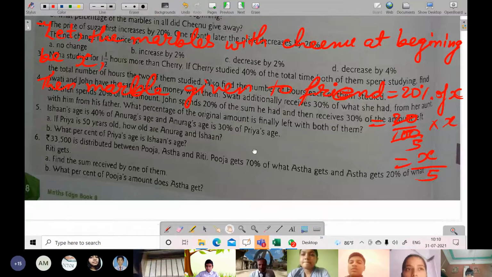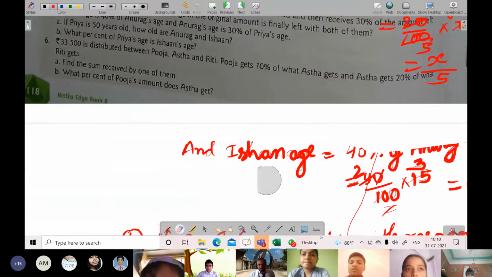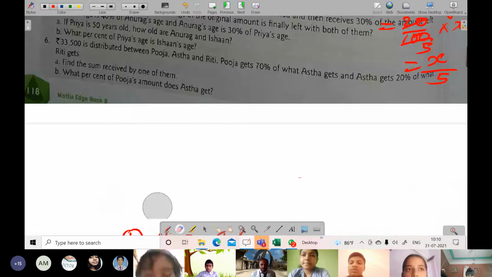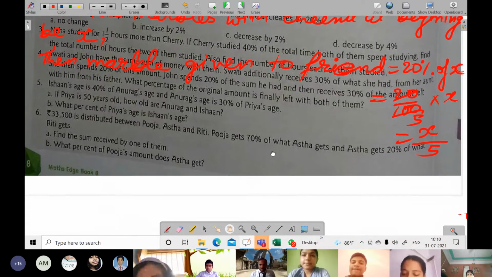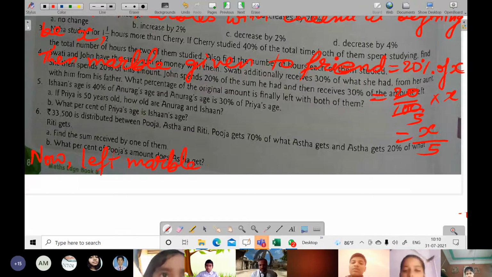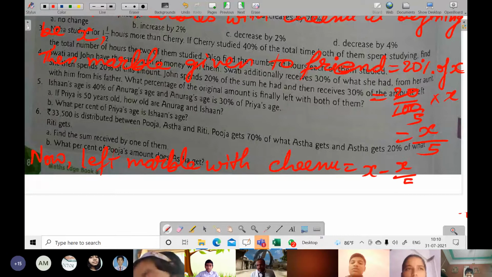Now the left marbles with Chinu are equal to x minus x by 5.